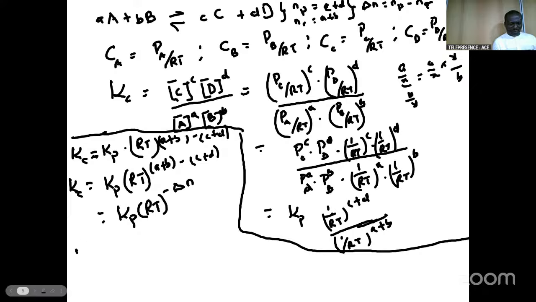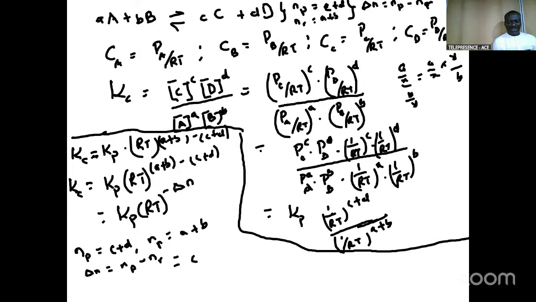The number of moles of products is C plus D. The total number of moles of reactant is A plus B. The change in number of moles normally will be the number of moles of product minus the number of moles of reactant, which should be C plus D minus A plus B. But what we have here is A plus B minus C plus D. So what we have is actually minus delta n. I'm sure that is clear to all of us.